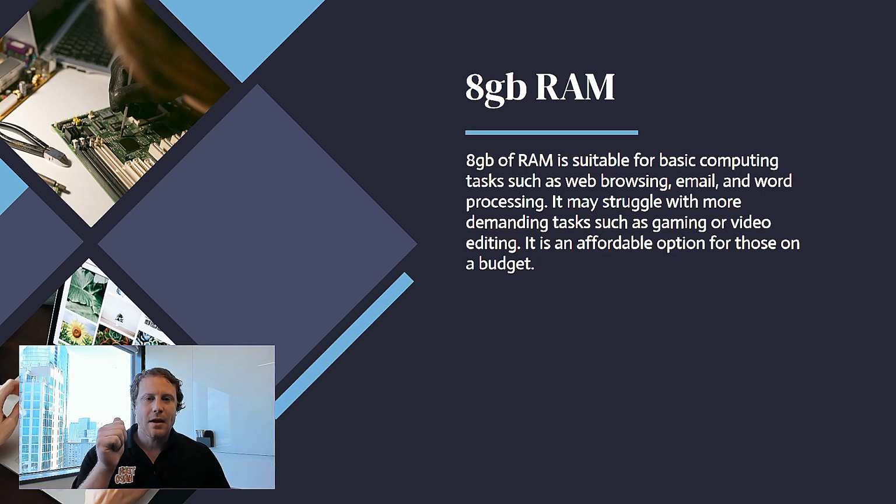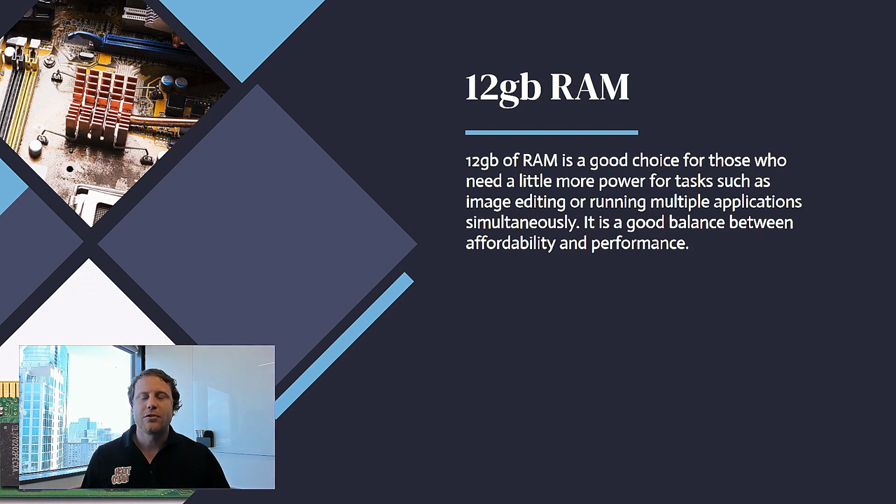RAM, you can of course get less than 4 gigs. Sometimes on Chromebooks and more thin client machines, you'll see 4 gigabyte, 2 gigabyte machines, but we would start somewhere in the ballpark of 8 gigs, which is great, like we were saying with the processor, for Word, Excel. 12 gigs might even be a little bit better in terms of what you need for some office work.